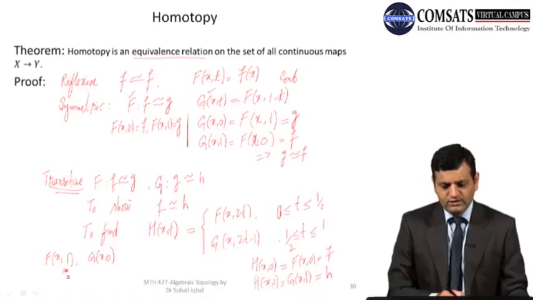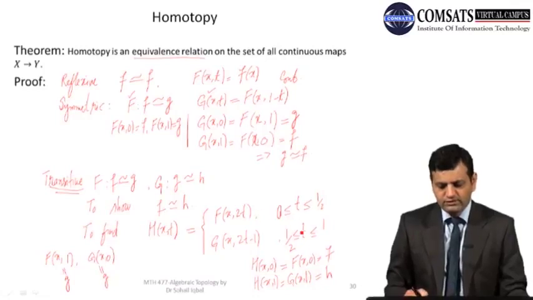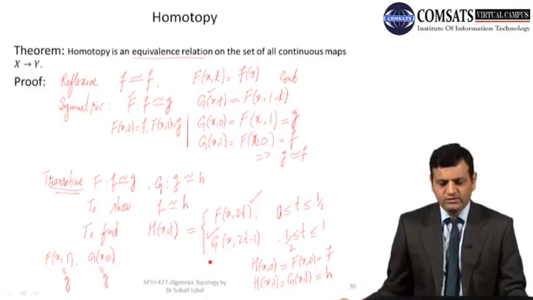It is equal to g. And what is G(x,0)? It is also equal to g. So at t equal to 1/2, we have g, and on the overlap there is no problem. Since F and G are both continuous, H(x,t) is continuous. So we have a homotopy from f to h, so it is also transitive.